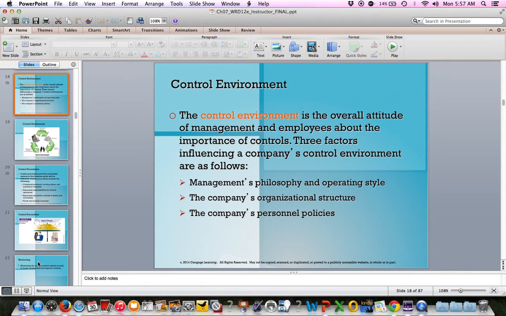And when an auditor is new to a company and you're coming into a company for the first time and assessing controls, this is one they're trying to figure out right away, is what the control environment is. And auditors do this by interviewing employees at all levels of the company. They'll interview the top people of the organization and get their statements and beliefs about how important controls are.